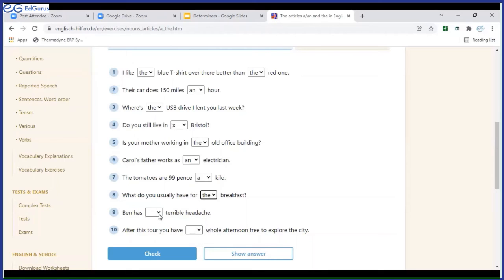Ben has a dash terrible headache. After this tour, you have dash whole afternoon free to explore the city. The.